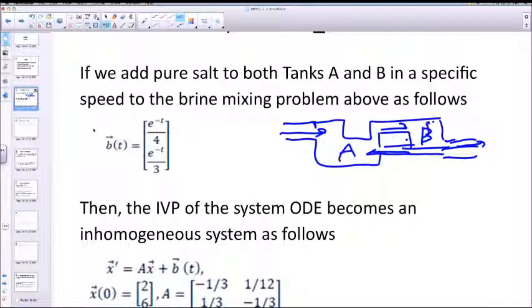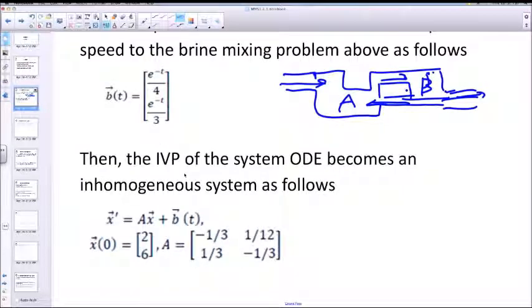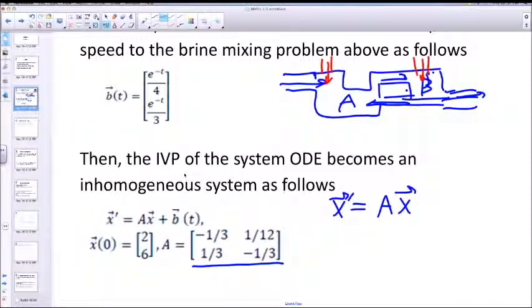Remember that example. In that example, in last lesson, it's a homogeneous system because all you have is the equation like this. Well, the A is this coefficient matrix. But if I do a little bit of change, in the process add another pipe here and here to input some pure salt at different times as a function like this.